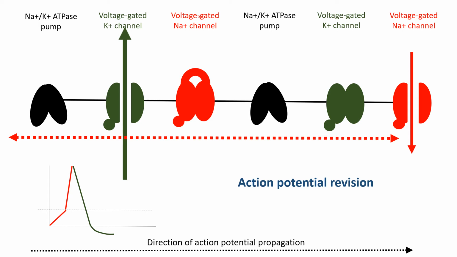They delay closing until we've gone below resting membrane potential. We've gone into hyperpolarization. This, of course, is another thing that stops our action potential from propagating backwards. So at this point, we've got absolute refractory period because our sodium channel is gated, and we've got hyperpolarization.